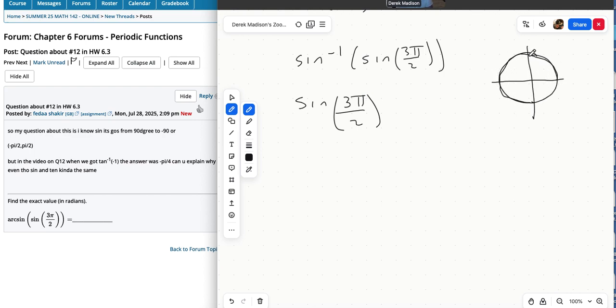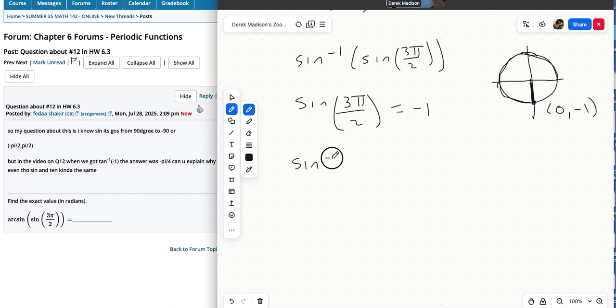So we'd have to go, there's pi over 2, 2 pi over 2, and 3 pi over 2. So that's right there, and there's our point. And that point is x is -1 and y is 0. Oh, sorry, I did that backwards. X is 0 and y is -1. I always have a hard time with reversing those. So then that means that this comes out to -1.